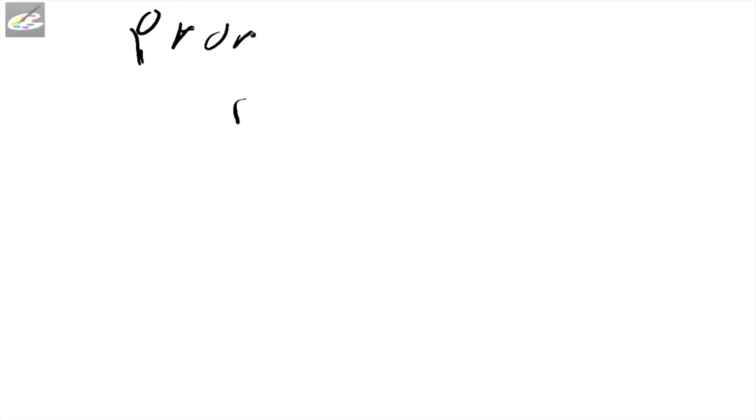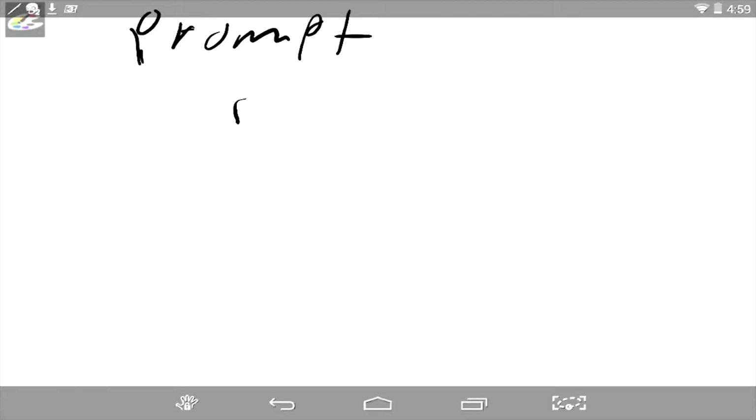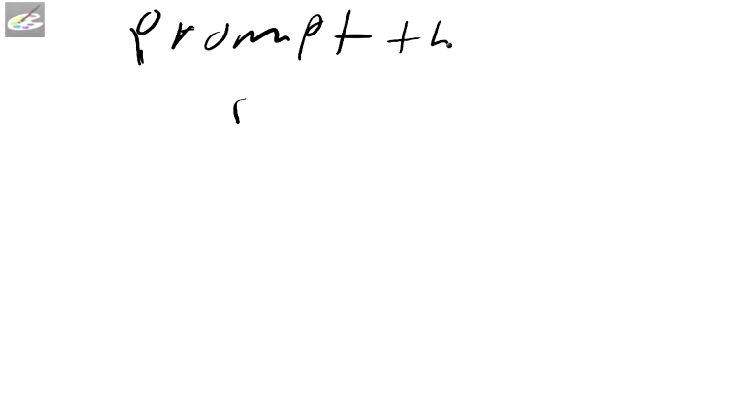Okay. So first thing that you're going to want to do is prompt the user. So what does prompting the user look like? That is equal to something like saying enter in a number.